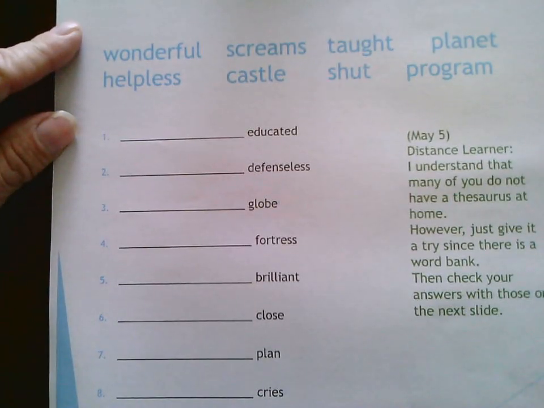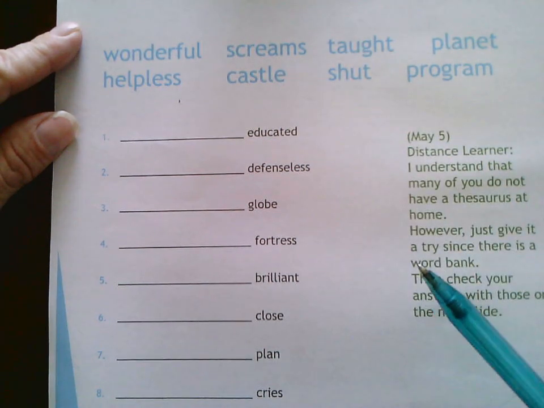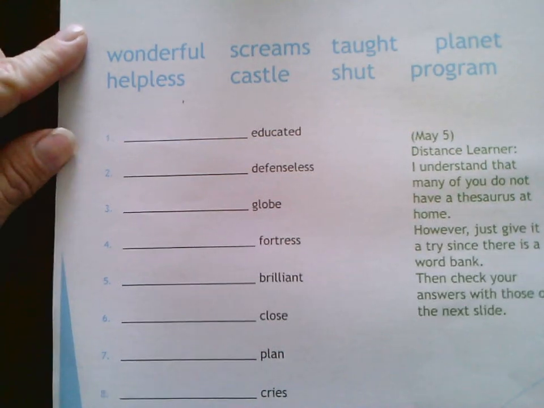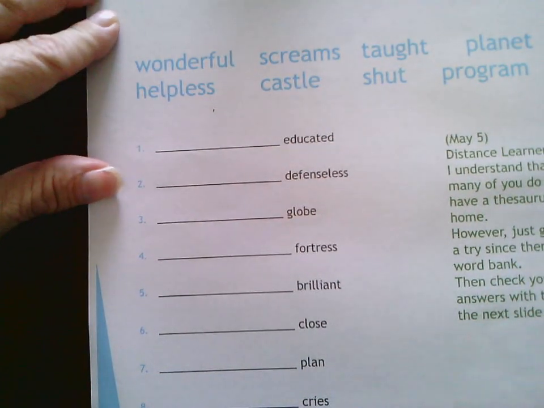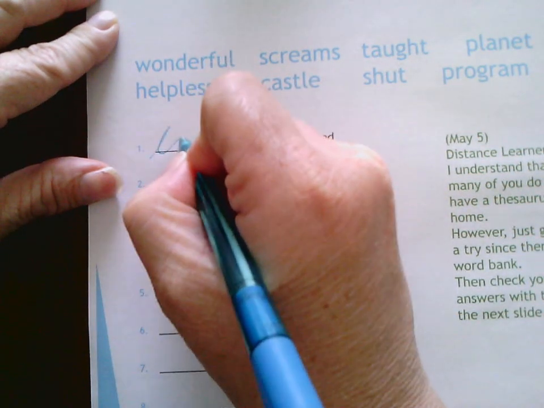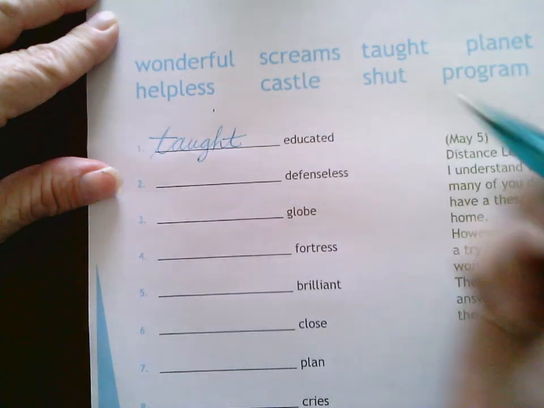So for educated, which one of these words at the top would the thesaurus give me for educated? How about taught? If someone educated you, then they taught you, okay?